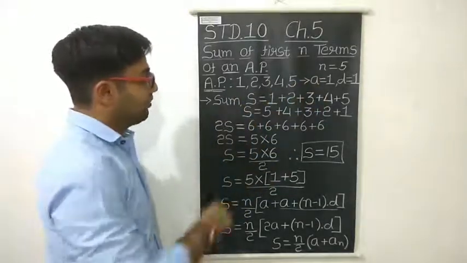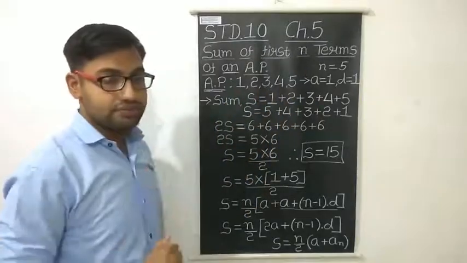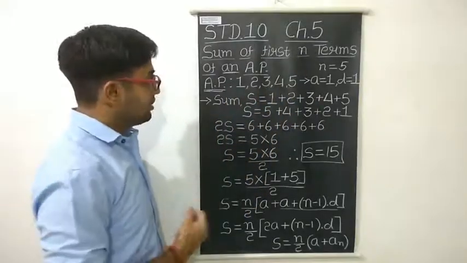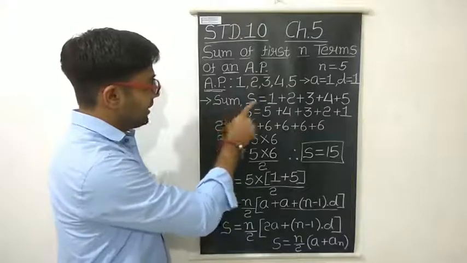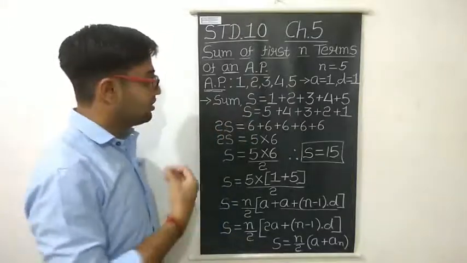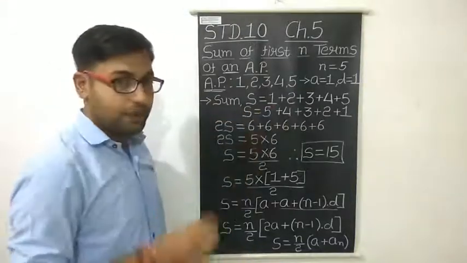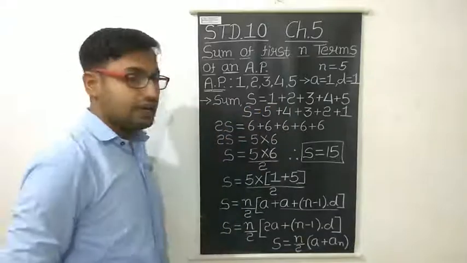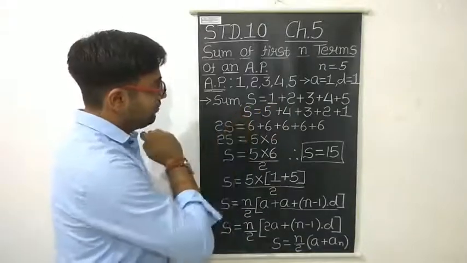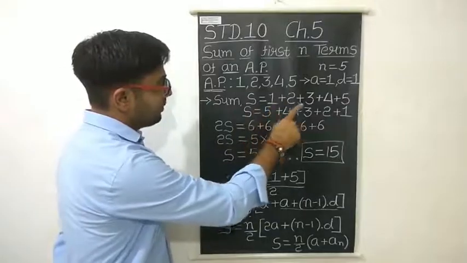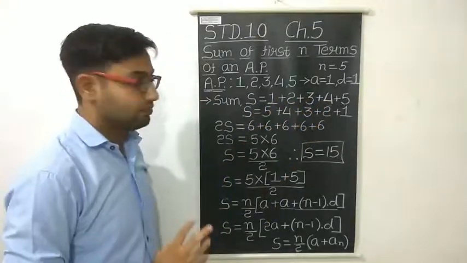Right? So here we want to add these 5 terms. Suppose we denote the sum by capital S. We represent the sum of all the terms of an AP with the capital letter S. So S is 1 plus 2 plus 3 plus 4 plus 5.